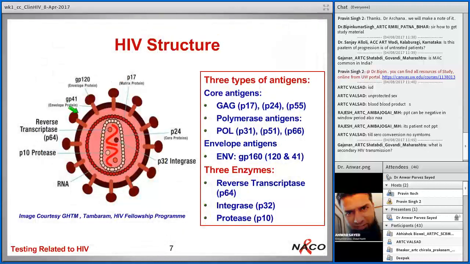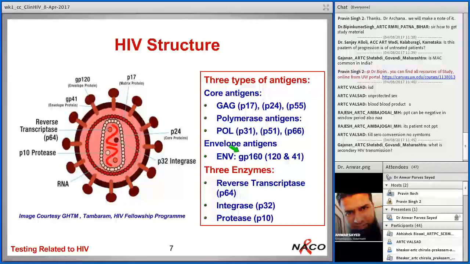Now this is how the virus looks. There are some important proteins. If you can remember the names of these proteins, it will be well and good, like GP41 and GP120. These are the two important envelope proteins, from GP160. These are very important proteins which you will also see in the Western blot report. If this is positive, there are great chances that a person might be HIV positive.